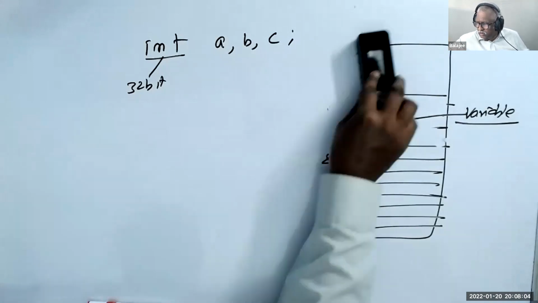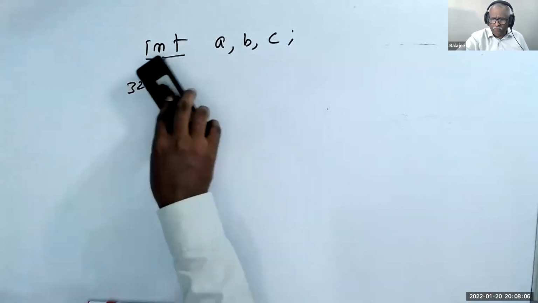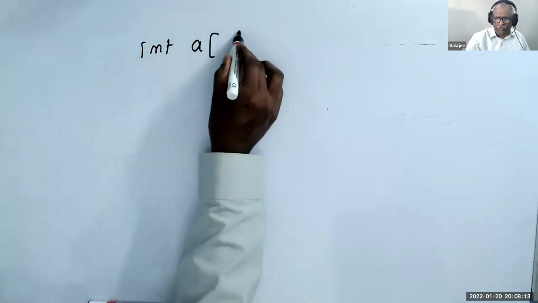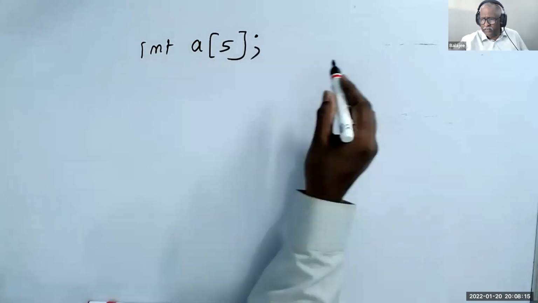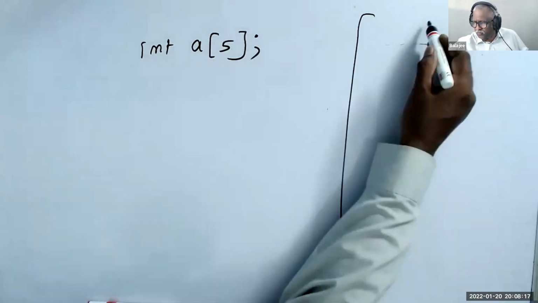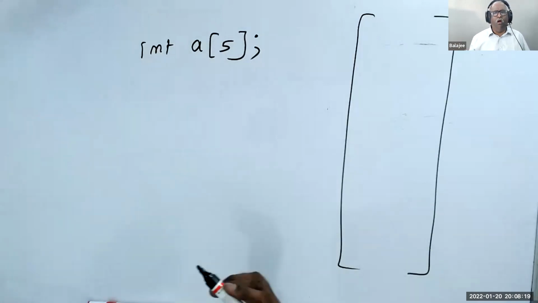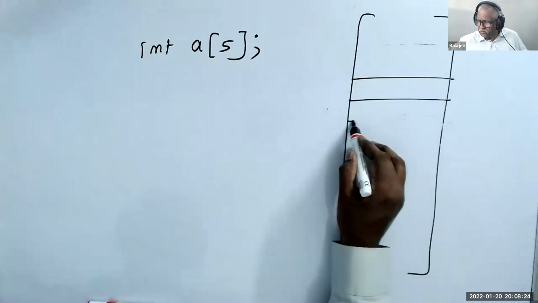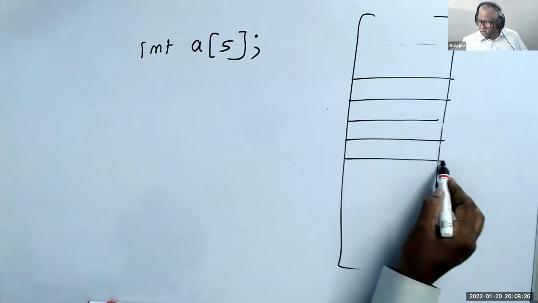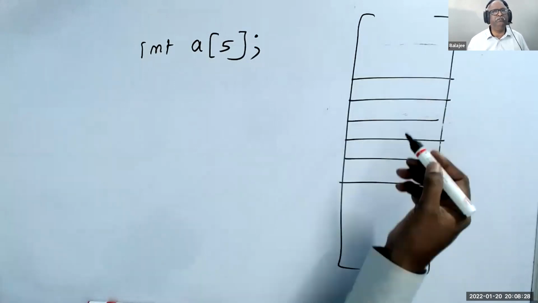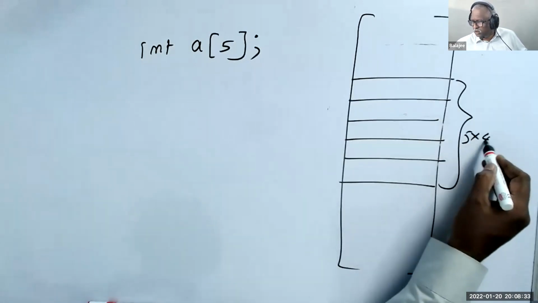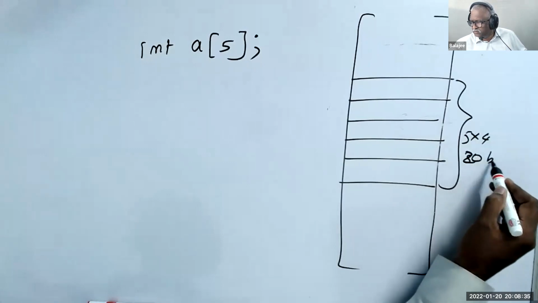Now, if you say int A within the square bracket of 5, then the system allocates 5 spaces in memory. Each one is 32-bit. That means it allocates 5 into 4, 20 bytes.